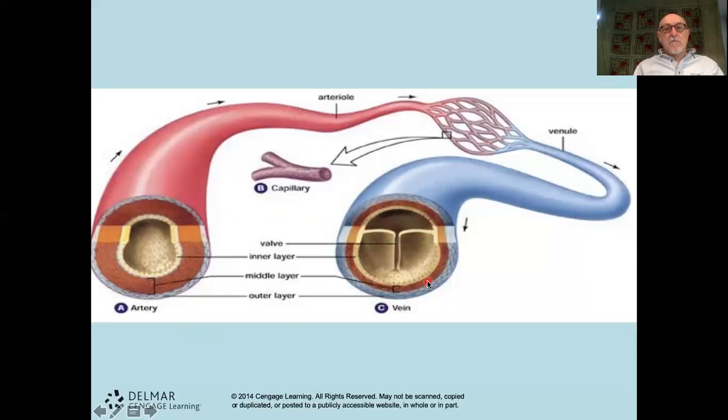In each vessel, there actually are three layers. There's an outer layer, and then this middle muscular layer, and then an inner layer, which is very important. It's called the endothelial layer. And it is a highly specialized epithelial tissue, which is extremely smooth and which allows blood to flow without impediment through the vessels.